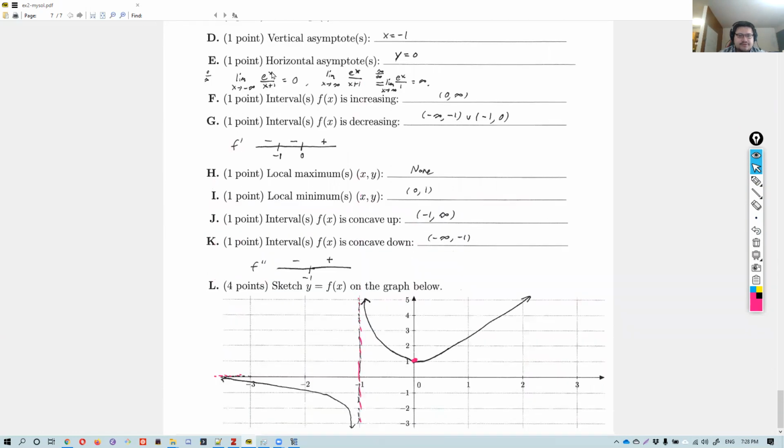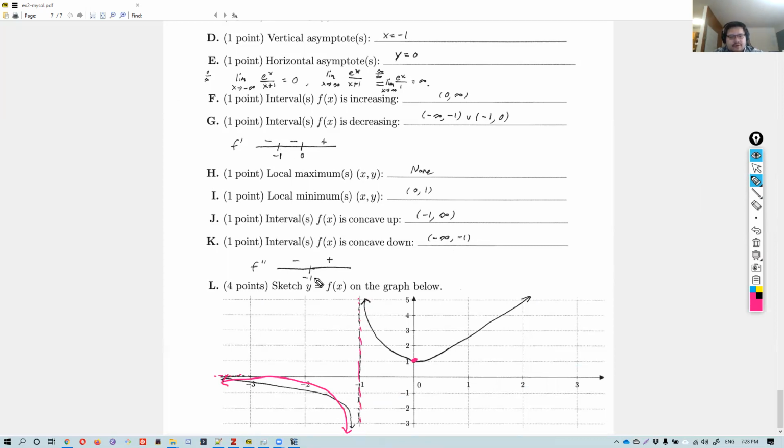Then the rest of it is going to be from using the first derivative and the second derivative to piece everything together. To the left of -1, we are decreasing and concave down. So that gives us this part of the graph.